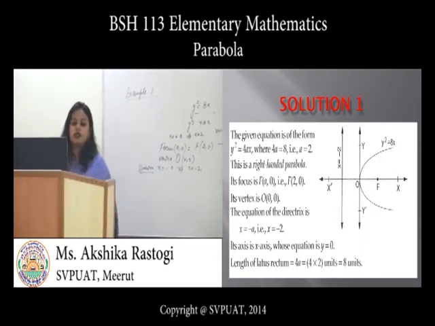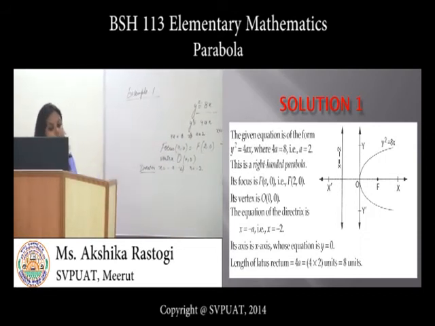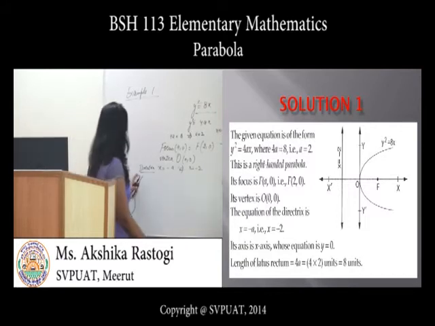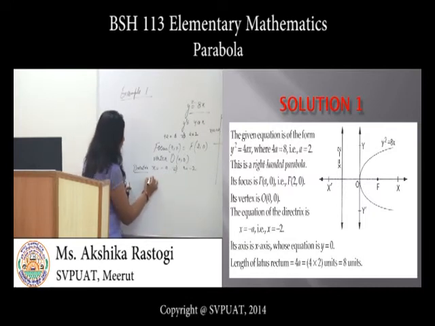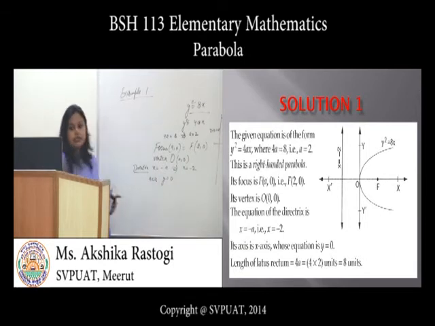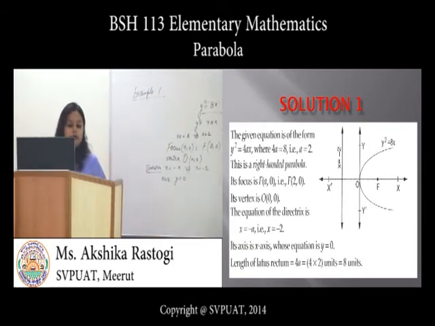You can also draw the diagram from this. The axis is the x-axis. As I have told you earlier, the axis will be the x-axis, so the axis will be y equals 0. Now we have to find the length of latus rectum.